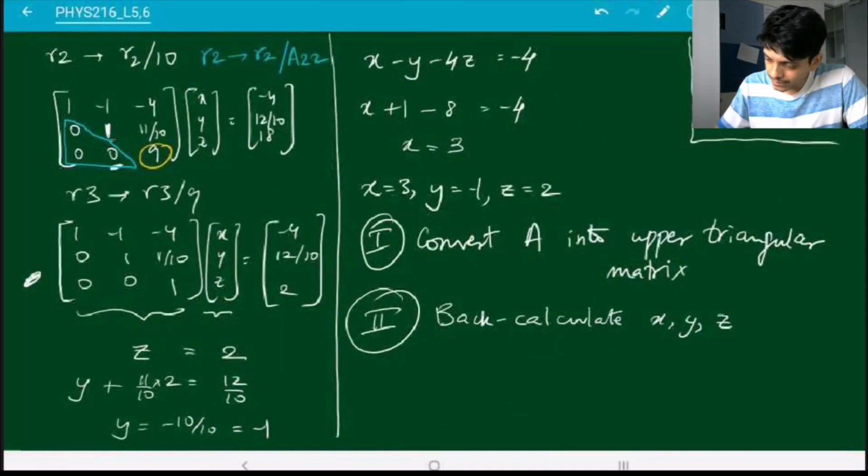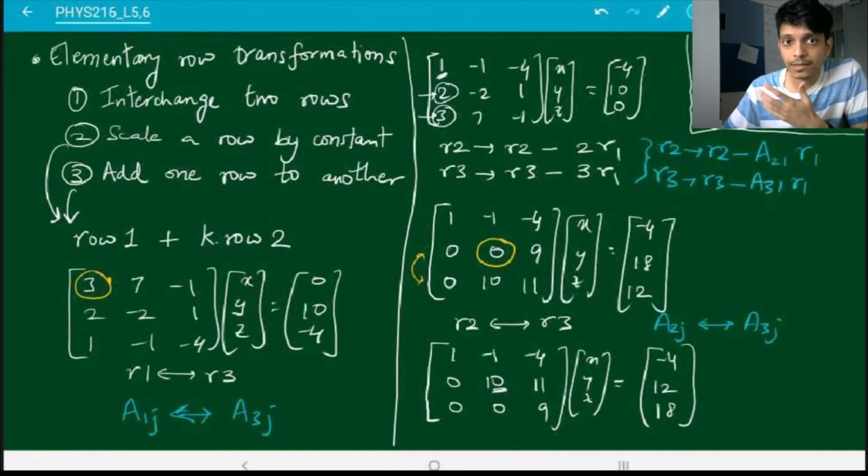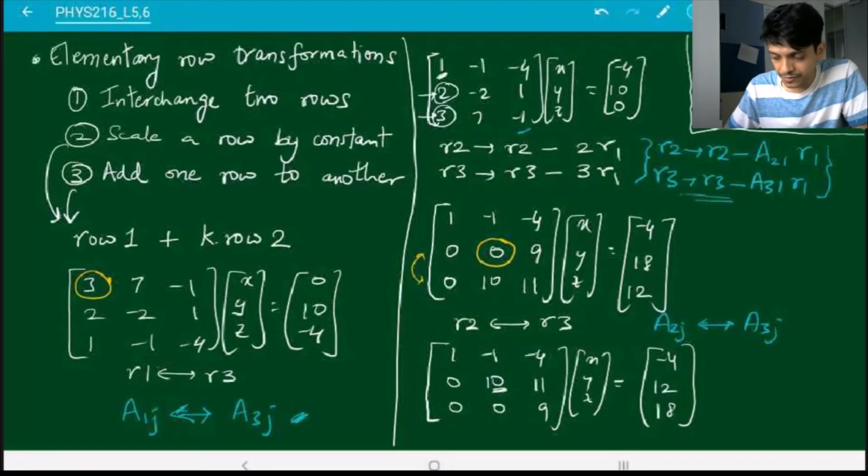Notice that at each step we are changing our definition of A. So at every step we are updating what A is. Initially we had some original A, but once you do this interchange, you get a new matrix, and this is what I'm calling A. Then after having done these elementary transformations, now this is your new A, and so on.